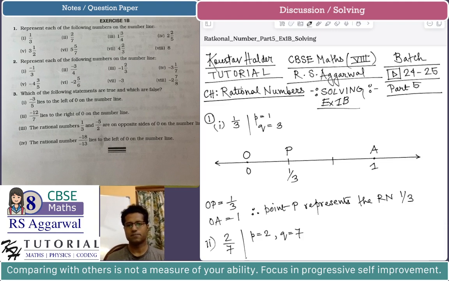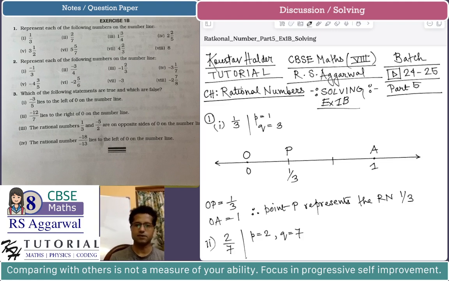So, basically there are 4 cases. One is the rational number which is a proper fraction less than 1, a positive rational number. The second one is a negative rational number, that is a negative of a fraction, where ignoring the sign, the rational number is less than 1, but it is a negative rational number. Case 3 is a mixed fraction, that is an improper fraction greater than 1, but it is a positive rational number.